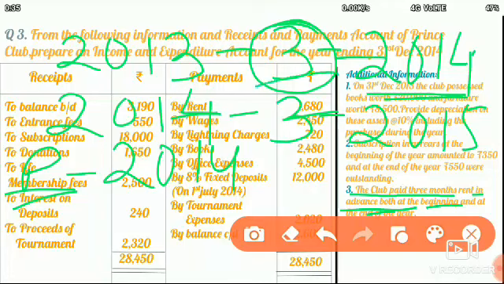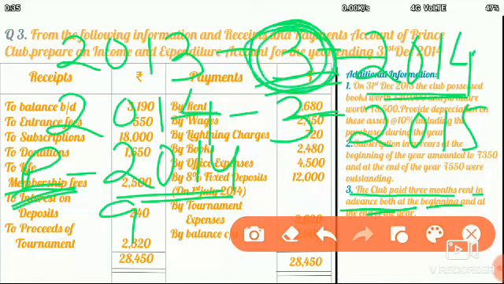That means this 3 months rent will not be paid again in 2014, so it will not be shown on the payment side. On the payment side, the rent paid will be only for 9 months, because 3 months rent is already paid in the previous year. So in the current year, the rent that is left will be only for 9 months.